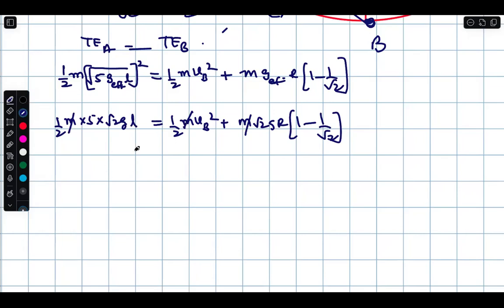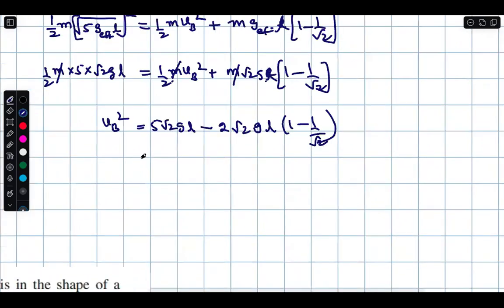Next VB, okay, one minute. The VB square, the 2 also goes, so here 5 root 2GL minus, here we multiply by 2, minus 2 root 2G R, which is L here, times 1 minus 1 by root 2.